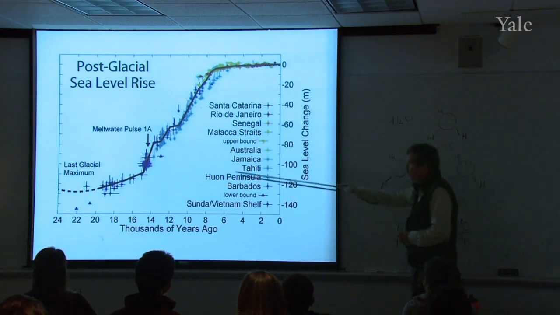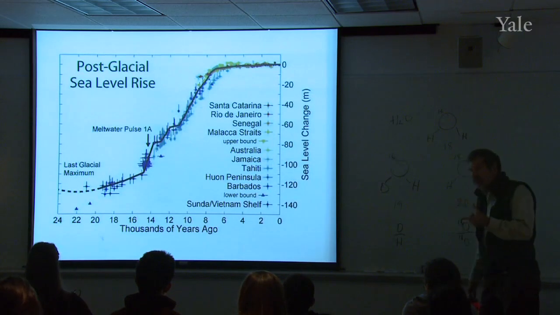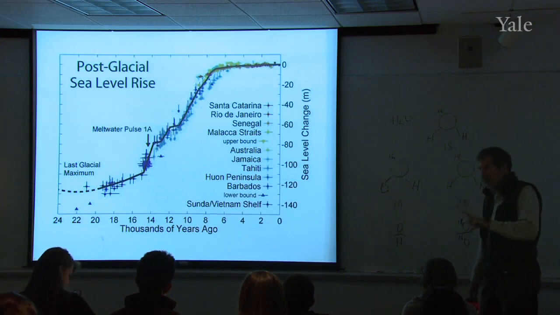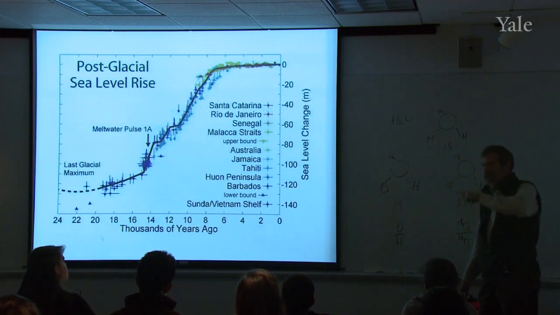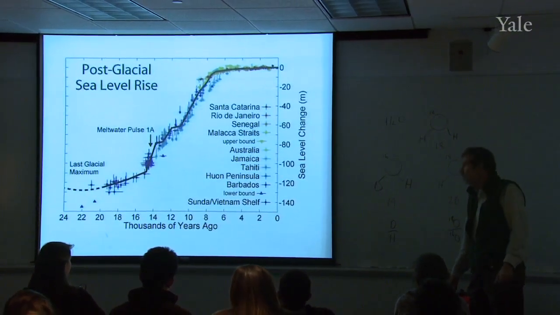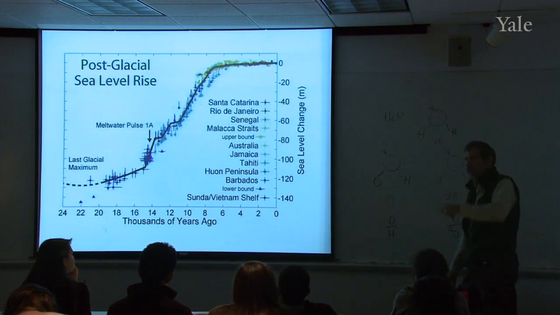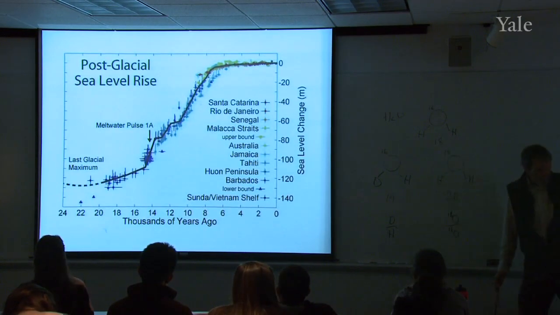So this is from physical measurement, not from isotope measurements, but it agrees conceptually with that deep sea sediment core analysis, which I argued is a measure of how much water is stored on the land in large ice sheets, especially the Laurentide ice sheet and the Fennoscandian ice sheet.